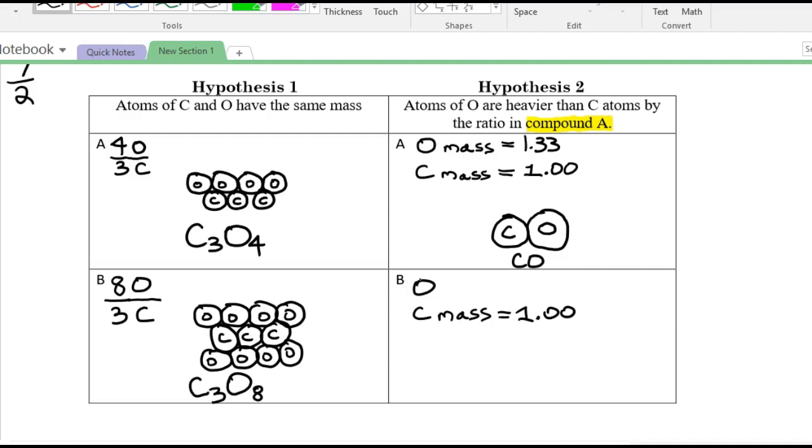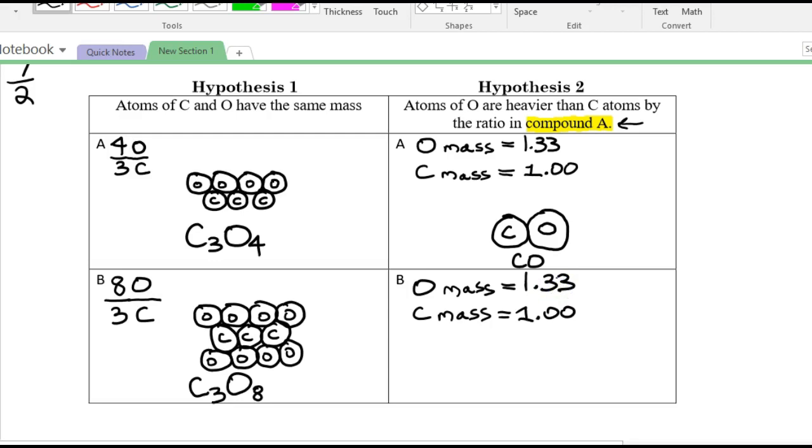No, because we were told, assume for hypothesis 2 that oxygen is heavier than carbon by the ratio in A. So we're going to keep the masses the same. We're still going to say that oxygen has a mass of 1.33.